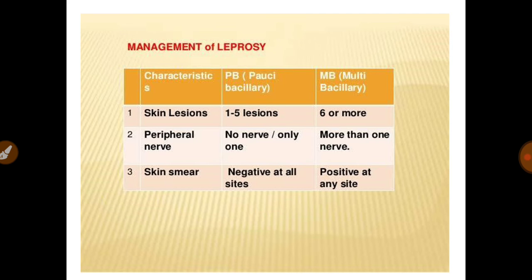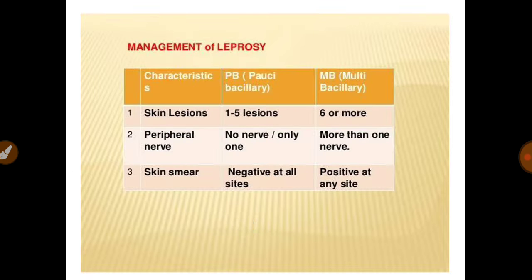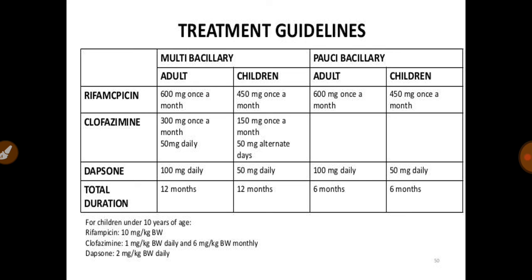Multibacillary: 6 or more lesions, more than one nerve, and positive at any site. So now you know that this child has 8 lesions, which goes towards multibacillary. Another thing is that this is a child and not an adult, so the treatment here would be different.